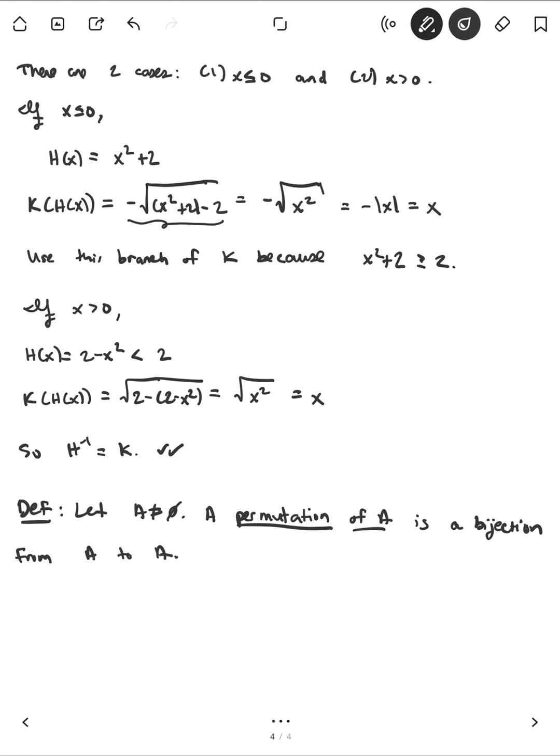So why is it called a permutation? It's because if you define a function from a set to itself, basically the image of a given element produces another element in that set, and so in effect you've just moved around the elements of that set. Okay?